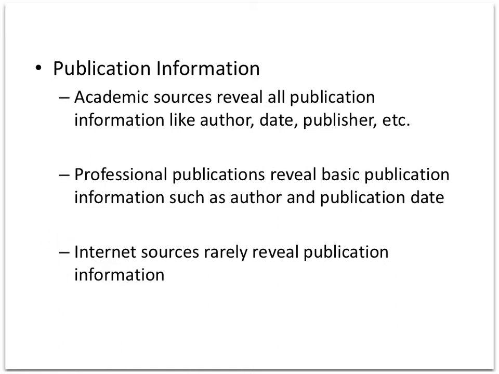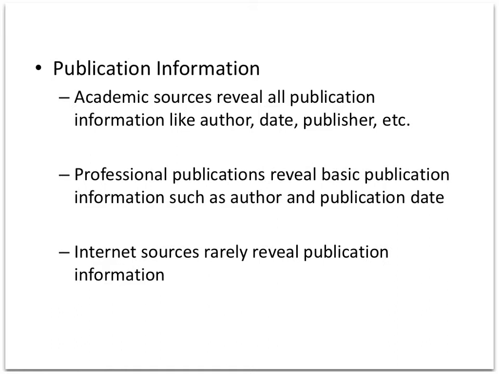Internet sources, however, are a bit different. The extent to which an internet source reveals its publication information will depend largely on the publisher. Now, in some cases, such as blogs, even if we have an author who has no experience in the area, no qualifications, knows nothing about it, we can still at least see when it was published, largely just for the date feature that blogs often have.